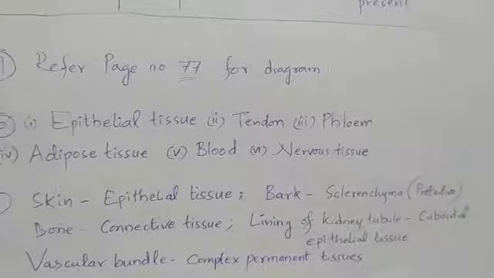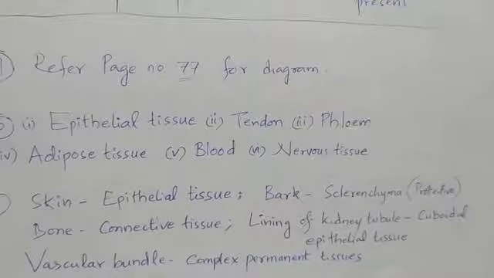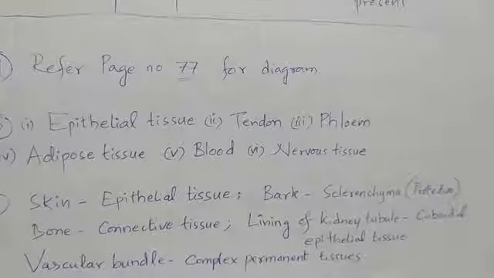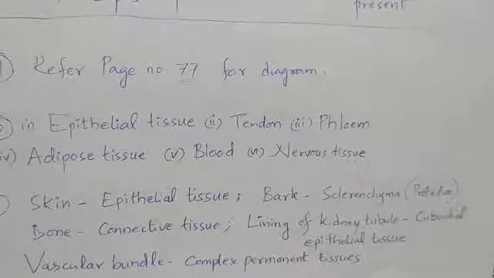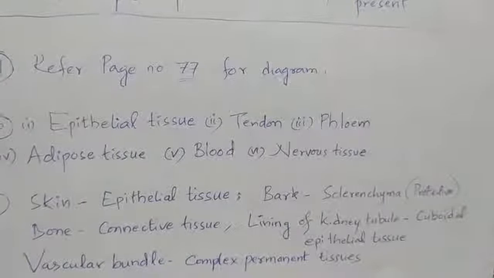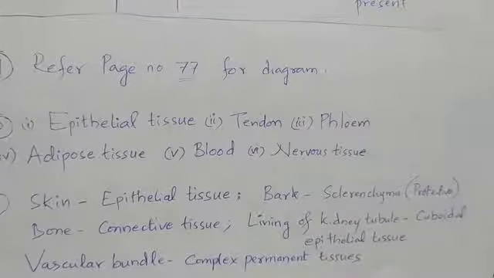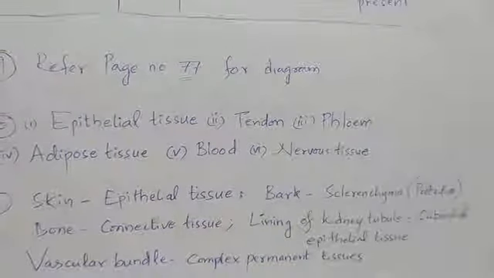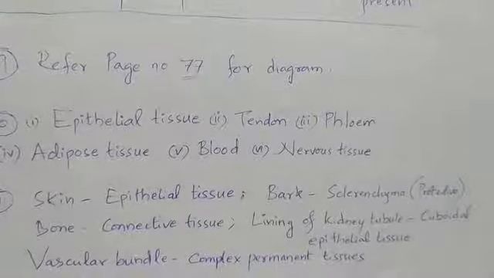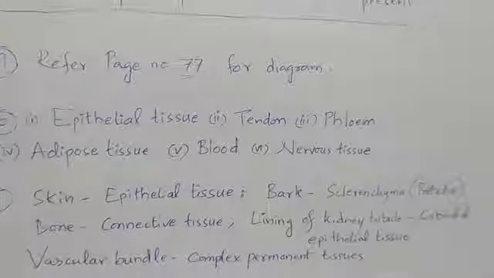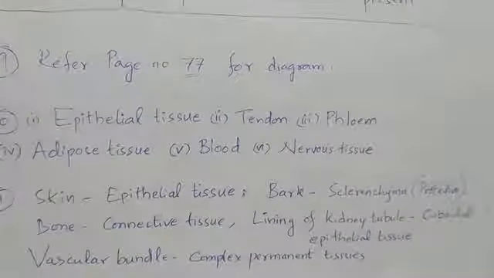Tenth question, name the following. A. Tissue that forms the inner lining of our mouth: epithelial tissue. Tissue that connects muscle to bone in humans: tendon, which is one type of connective tissue. Tissue that transports food in plants: phloem, it is a vascular tissue, complex permanent tissue.